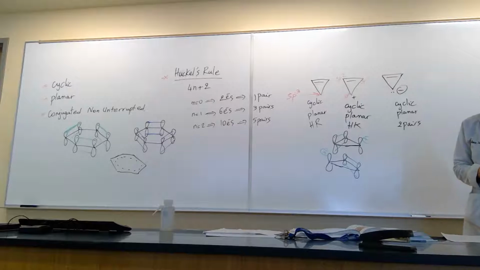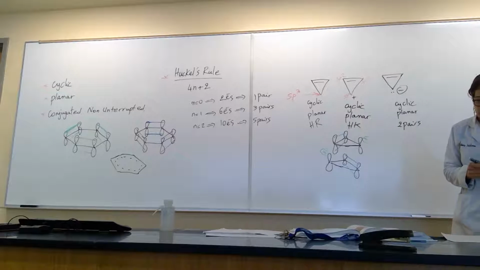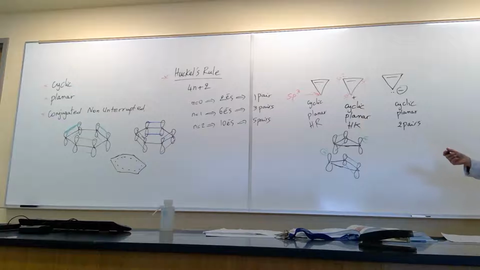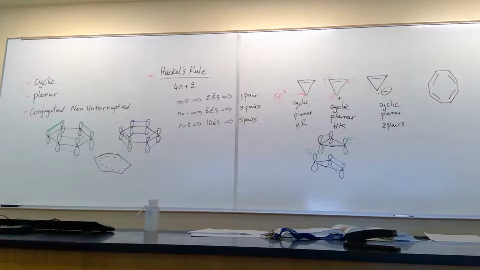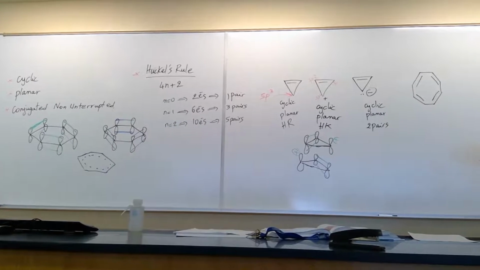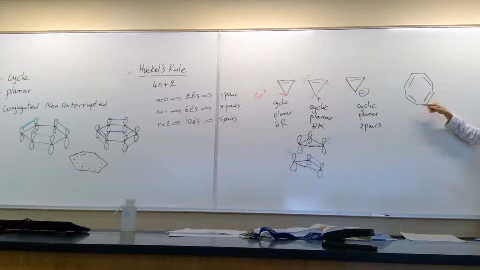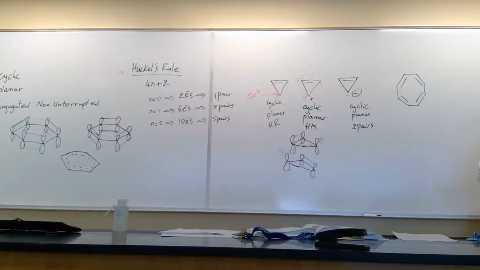Okay, so here are a few more. These are important. This one. So it looks like benzene, and it looks like we can make 5 bonds and they can switch around. You agree or not?